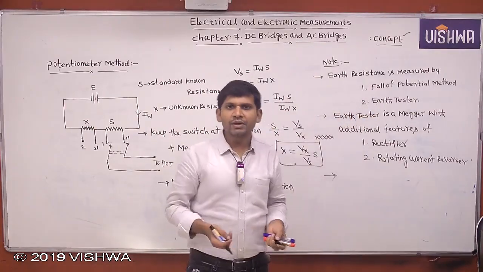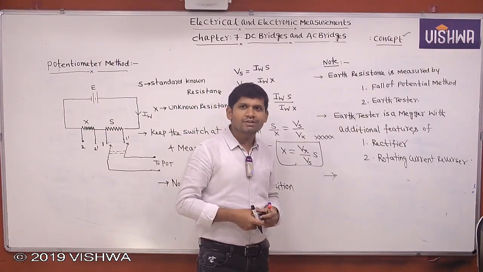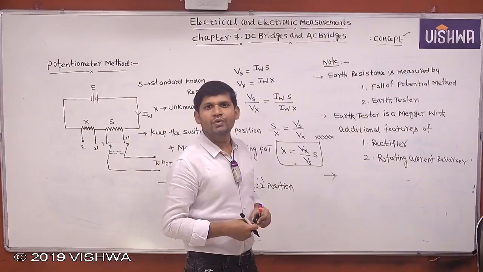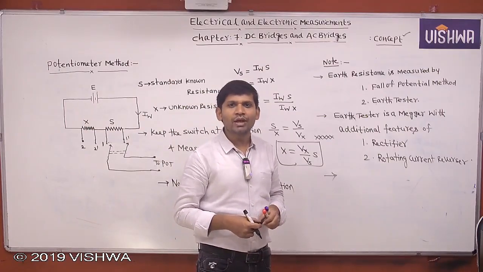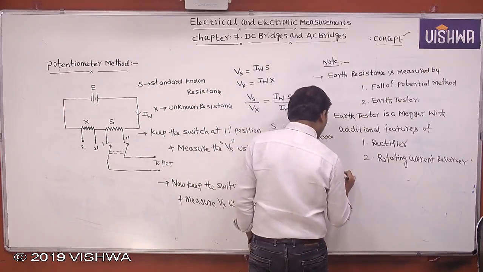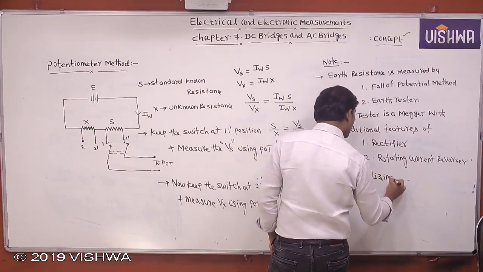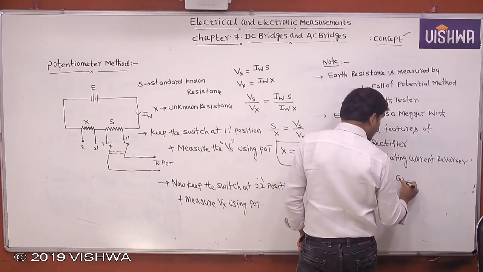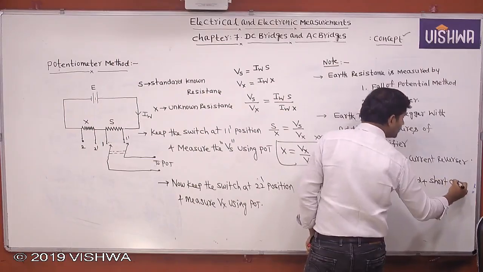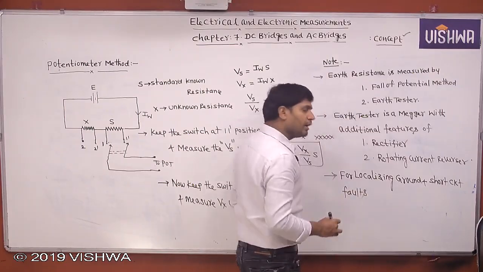One more point to remember: for localizing faults in underground cables, whether ground faults or short circuit faults, we can use the Murray loop test and the Varley loop test. That is for localizing ground and short circuit faults in underground cables.